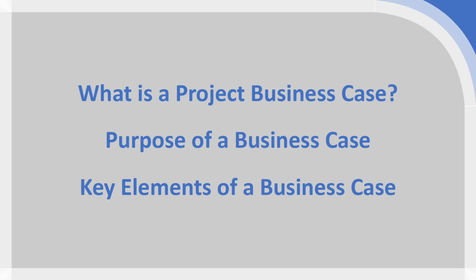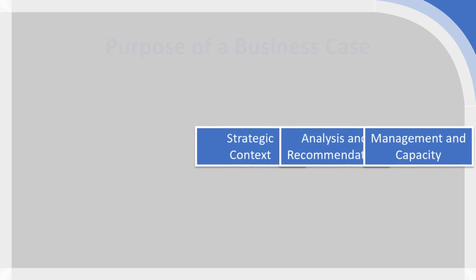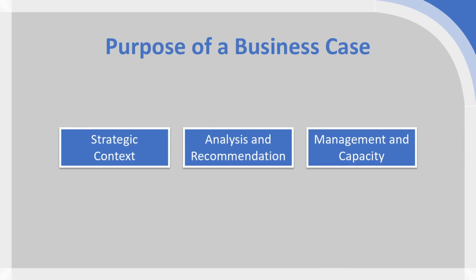Now, if you look at the three major purposes or the three major things that a business case has to achieve in order to be a successful business case, this is going to start breaking down the business case into separate areas and help us understand how we would prepare a project business case to get a project approved or to get the required go-ahead to start the detailed planning.